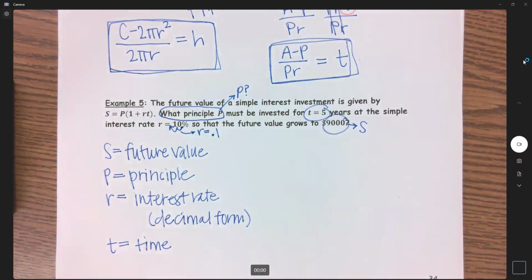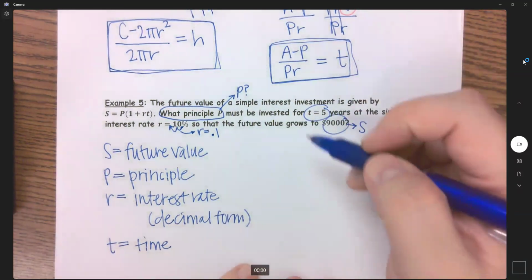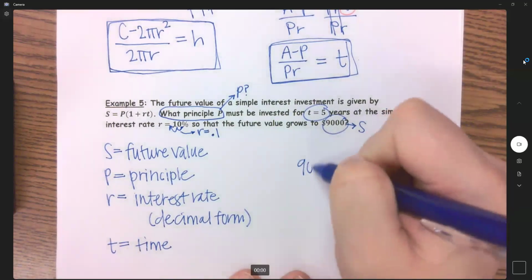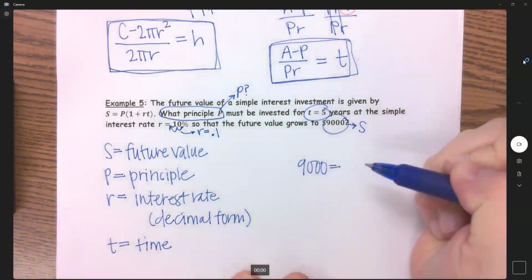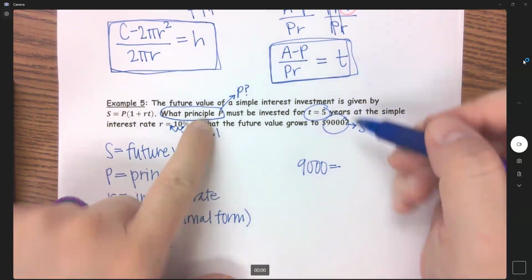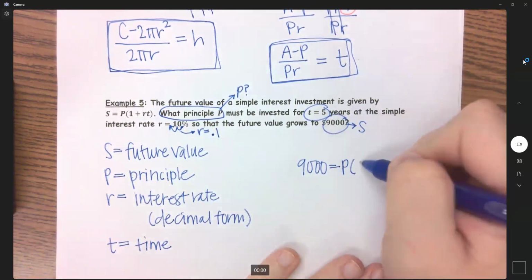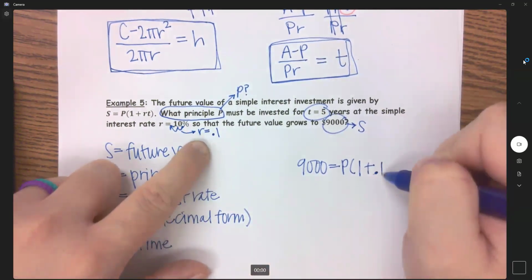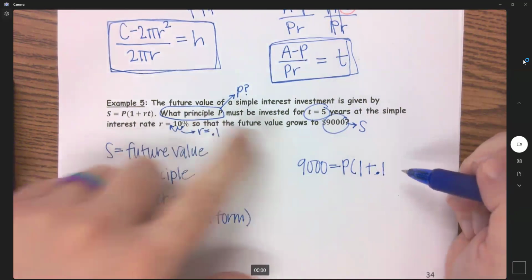So let's substitute everything in. We have S, which is 9,000, equals my P, we don't know P, that's what we're solving for, times 1 plus my R, which is 0.1, times my T, which is 5.